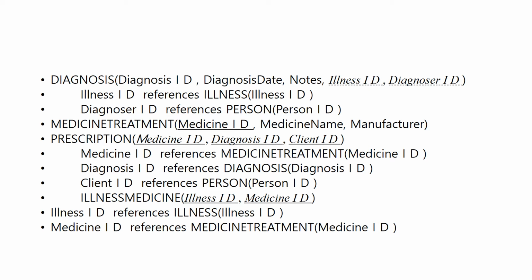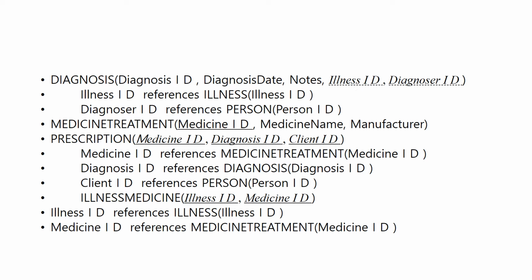Medicine treatment table: medicine ID primary key, medicine name, manufacturer. Prescription table: medicine ID, diagnosis ID, client ID. Medicine ID references the medicine treatment table, medicine ID; diagnosis ID references the diagnosis table, diagnosis ID; client ID references the person table, person ID.